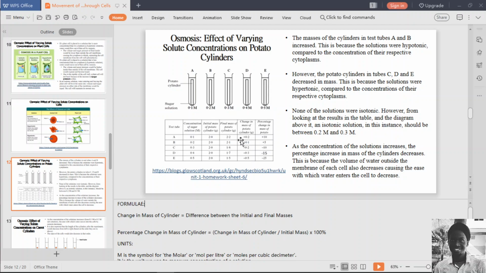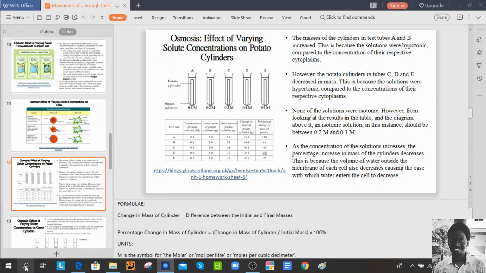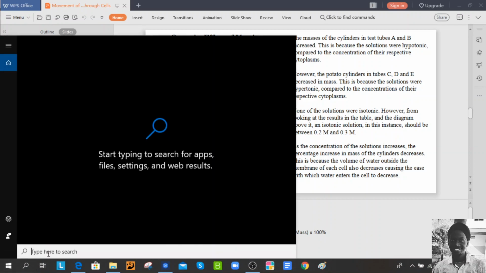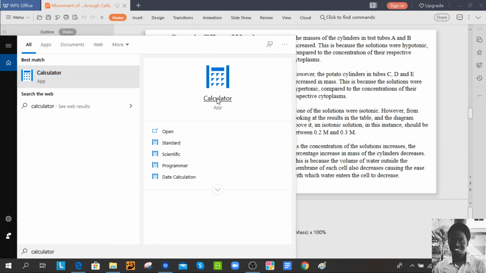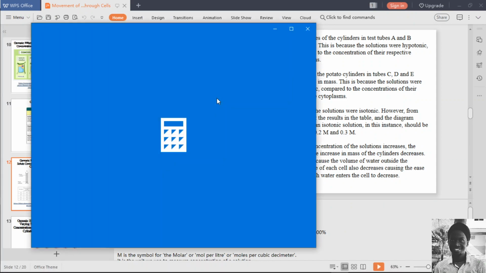But if you take the 0.2 and you divide it by the initial mass, you would get the percentage increase in mass. So 0.2 divided by 2.0, and you could try it on a calculator. Let me pull up a calculator here. Okay, let's calculate these things.